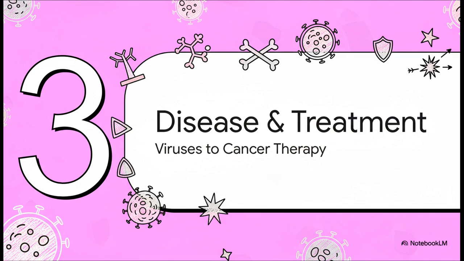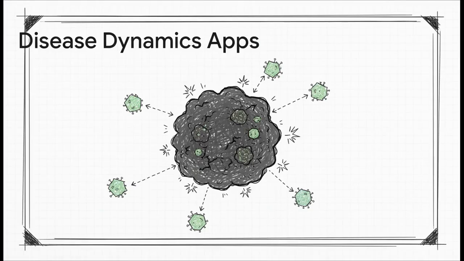Let's take a look at the battlegrounds inside our own bodies and how we use this to understand and fight disease. I mean, this is a total game changer for modeling things we can't just look at under a microscope. Take oncolytic virus therapy. That's where we use special viruses to hunt down and destroy cancer tumors. Researchers can set axioms like, okay, rule 1, the virus has to infect cancer cells more than healthy cells.